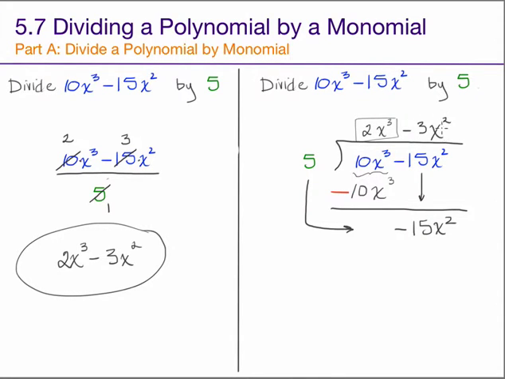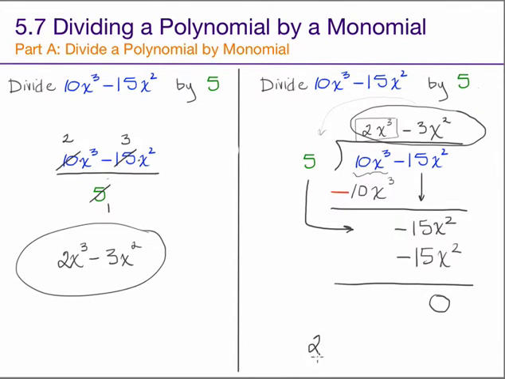Now that I've determined that, let's do this multiplication. Negative 3x squared times 5 is negative 15x squared. When I subtract, I get 0. So this is my answer: 2x cubed minus 3x squared.